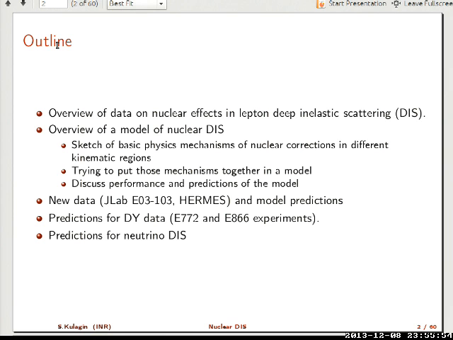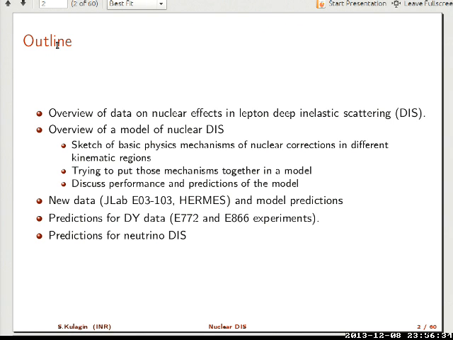I would like to give a brief overview of data on nuclear effects in electron and muon scattering, and then proceed with discussion of the basic mechanisms which are the background of these effects, describe the model which we have for this, and then discuss the predictions and performance of that model for data.